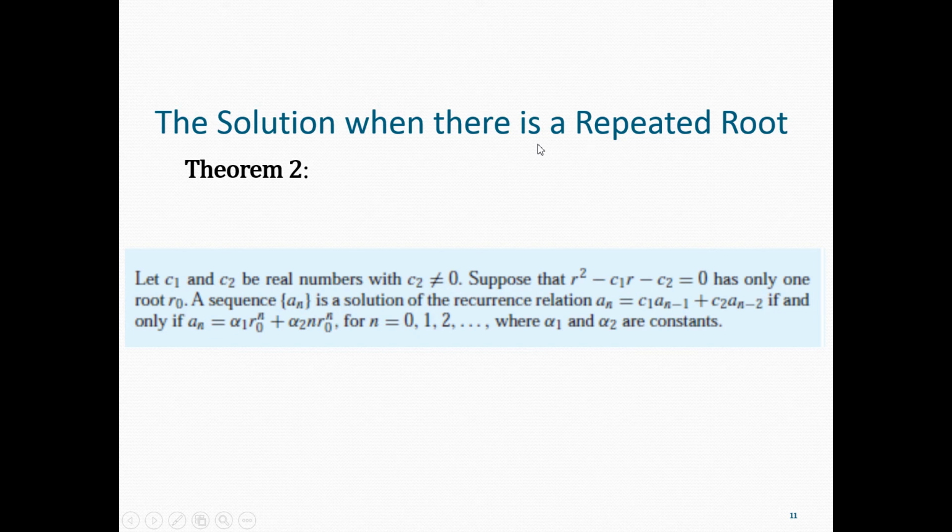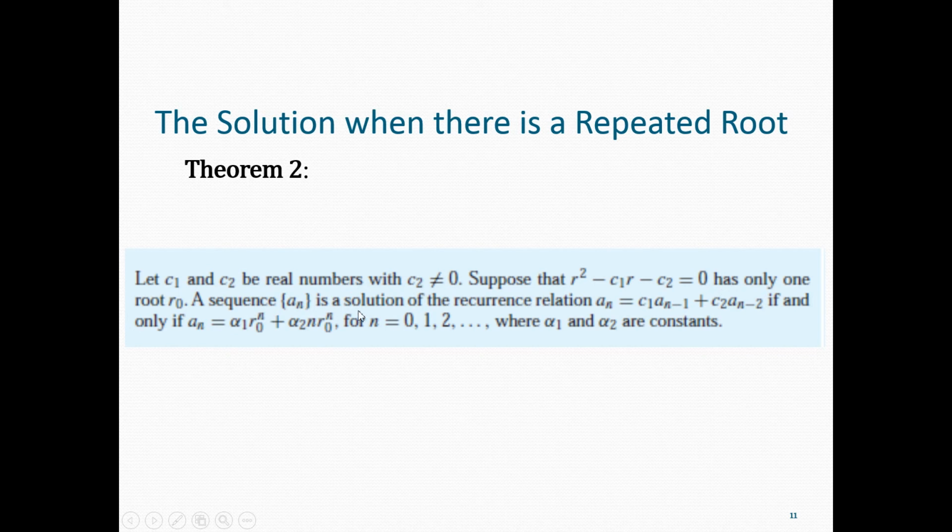Now when there is a repeated root, again we are talking about degree 2 recurrence relations, and roots of the characteristic equation are repeated. Then what will be the solution? So let C1, C2 be real numbers, with C2 not equal to 0. Suppose that r square minus C1 r minus C2 is equal to 0 has only one root r naught.